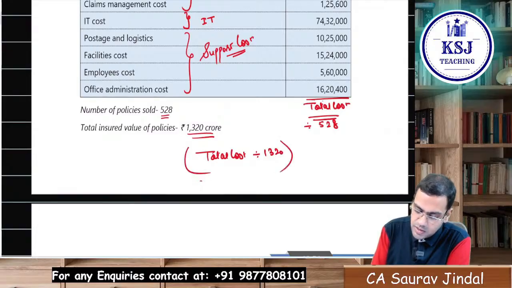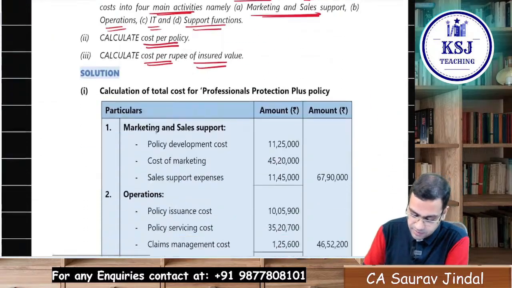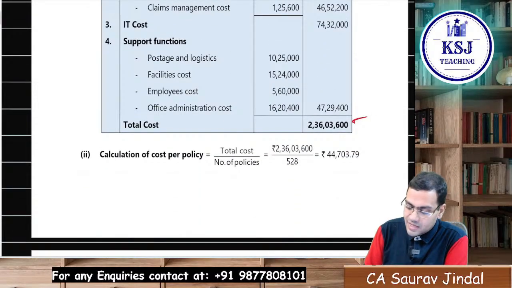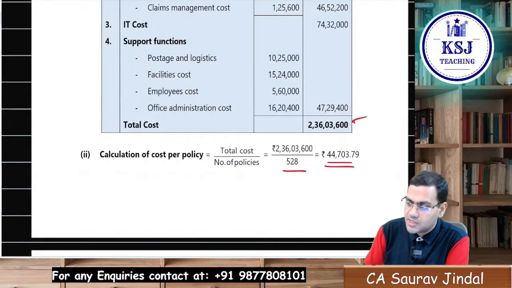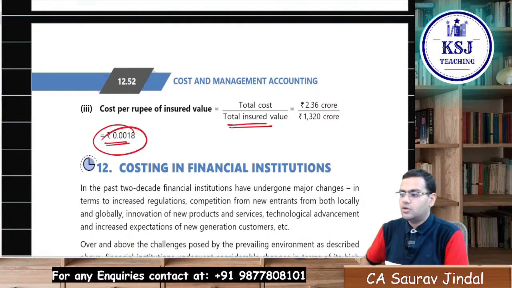That will give you the cost per rupee of the insured value. So total cost is 2 crore 36 lakh 3,600 divided by policies. That will give you the cost per policy, and divided by the total insured value. That will give you the cost per rupee of insured value.